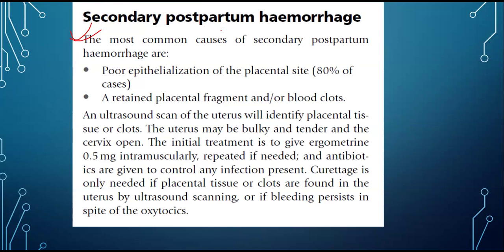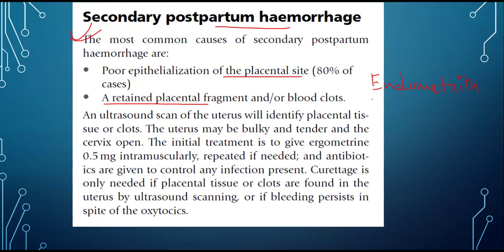Now, secondary postpartum hemorrhage. As I say, if there is bleeding from 24 hours after delivery up to 6 weeks postpartum, that's secondary. The most common cause is poor epithelialization of the placental site. But one of the other important causes is retained product of placenta and sometimes also endometritis.